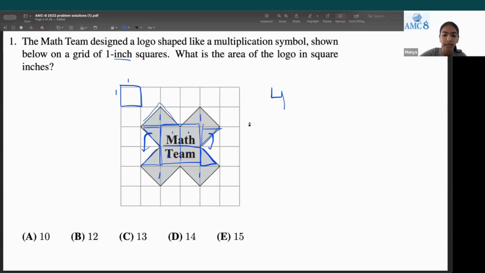So we have 4 in the center, plus the 4 here, 1, 2, 3, 4, plus these 2 right here, 1 and 2. If we add all of these together, we get 4 plus 4 plus 2, which gives us 8 plus 2, which is equal to 10. And that's how we got our answer choice A.